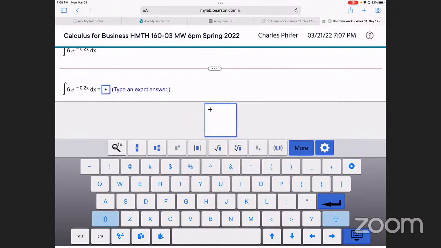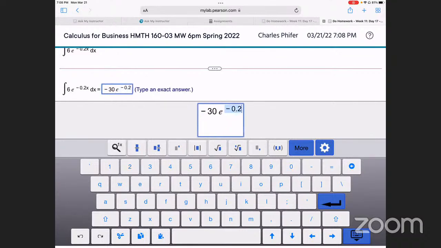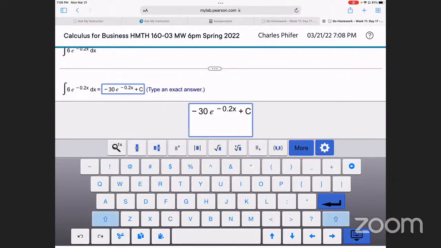So we said negative 30. I think we still had our e to the power of negative 0.2x, because we already divided by the negative 0.2. And then I think we still need our plus c. I think this is fine.